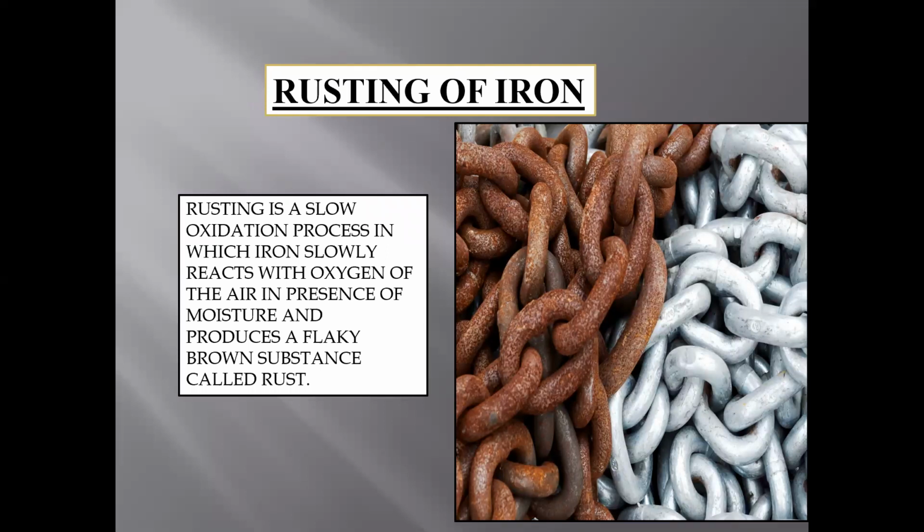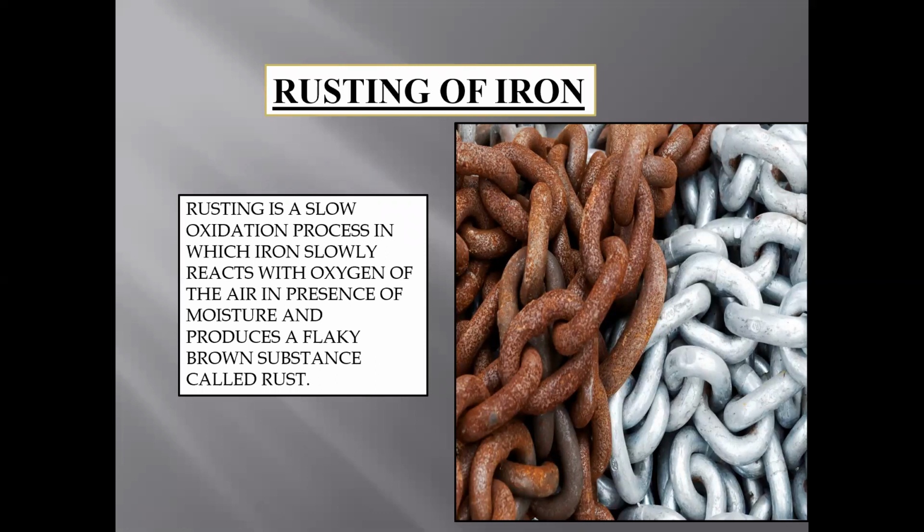The picture which I have provided over here shows a very well-known phenomenon to you all, students. As you can see, this is a newly made chain of metal which immediately turned like this. It formed rust like this and it is rendered useless.